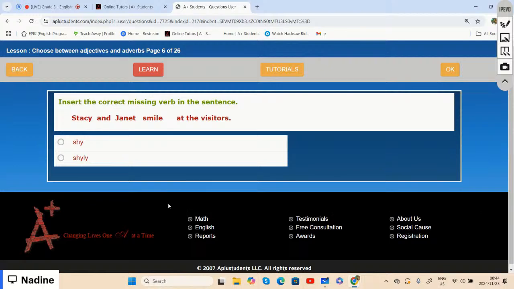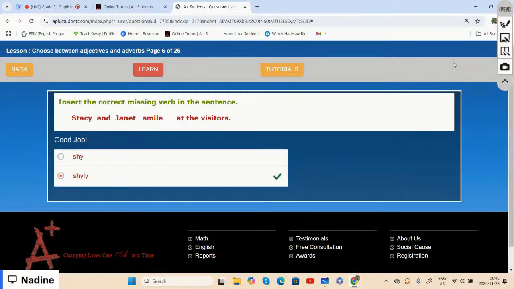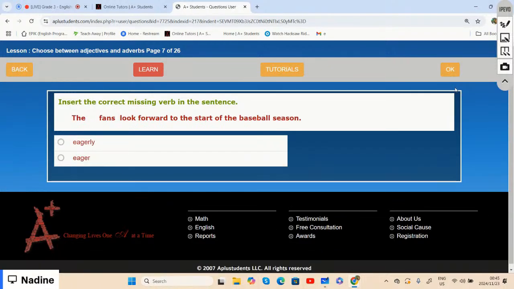And if we were to choose the correct option, we can say Stacy and Janet smile shyly at the visitors. Shyly. How do they smile? Shyly.